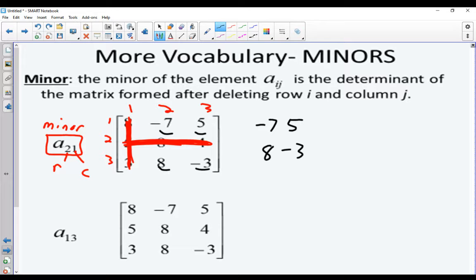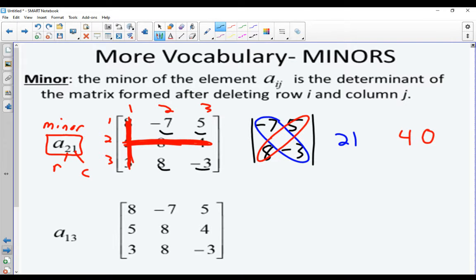Now what you're going to do with these remaining 4 numbers is find the determinant. So, downwards diagonal, -7 times -3 is 21. Then do the upwards diagonal, and that'll give you 40.